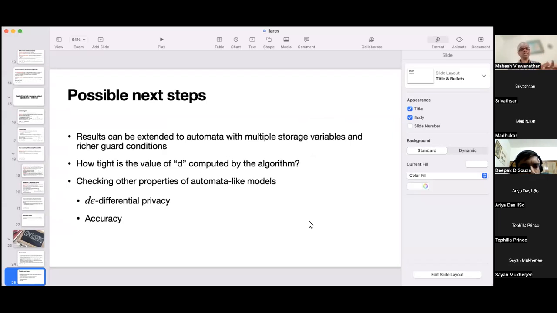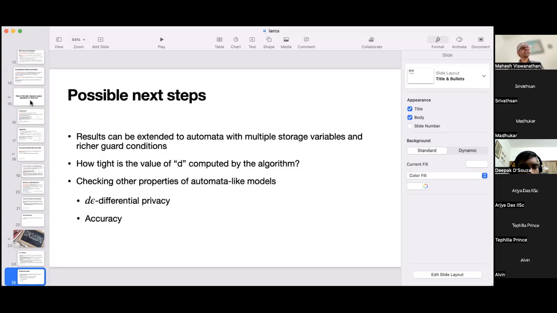One is where you're given D and you want to find out, is it D epsilon differentially private? And the other is you want to find out, is there a D such that it's D epsilon differentially private? Now, both those problems turn out to be undecidable.